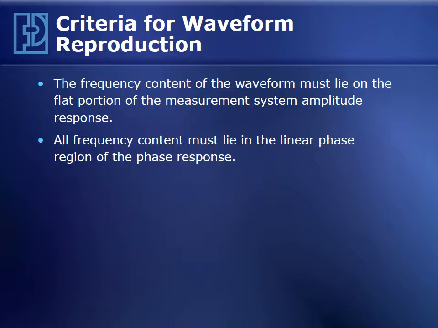One would be that the amplitude response of the filter be flat enough so as not to impart attenuation to the frequency content of the waveform we're trying to measure. And the second criteria would be that the frequency content of the waveform we're trying to measure lie in the linear phase region of the transfer function of our measurement system, so as not to cause waveform distortion.